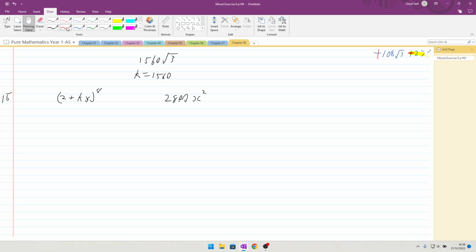Okay, so we know that we are going to have 8C2 times 2 to the power, it was 8, it was 7, it was 6, and kx to the power 2, x squared.